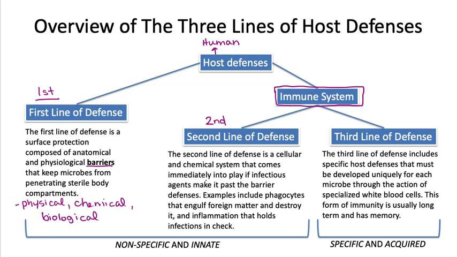Again, some immune system and chemicals are involved, but it's going to be non-specific, which means that these blood cells will attack anything that enters the body that seems to be foreign. And the word innate means we are born with it. So these cells of our second line defenses are cells that we are born with.